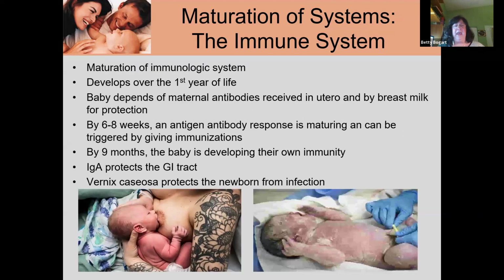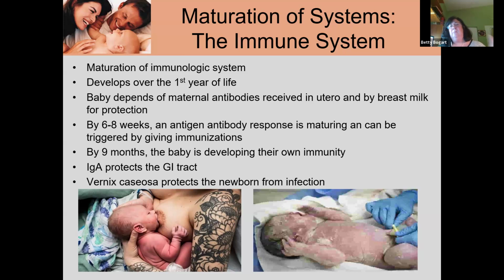So again, at birth, babies have this vernix, it's called. It's cheese. I call it cheese. Not every infant has cheese on it, but they think it is part of an immune system that it's born with. Okay, it protects them.